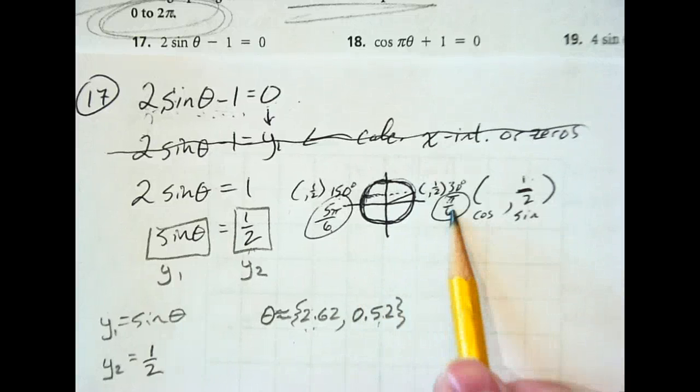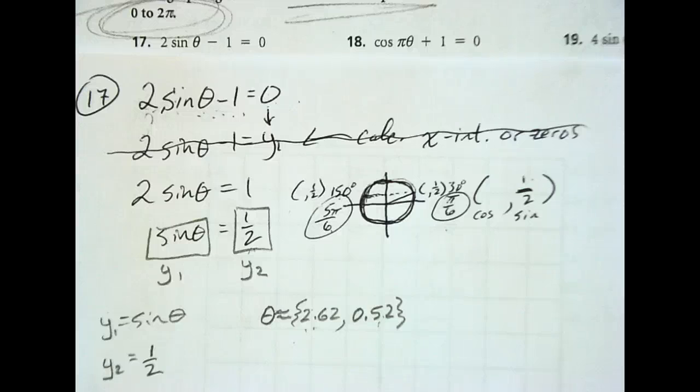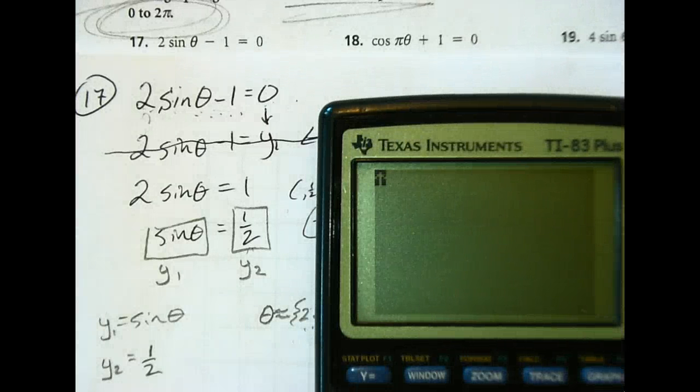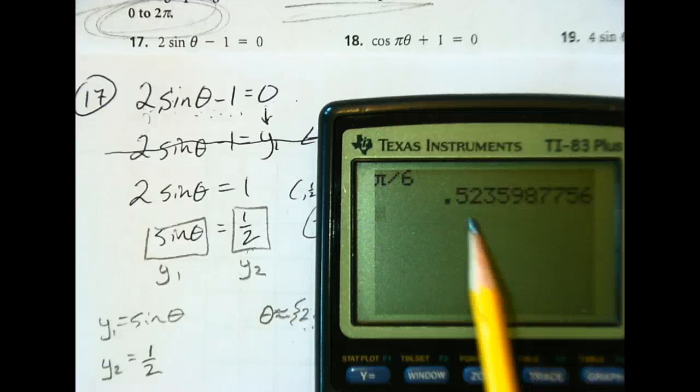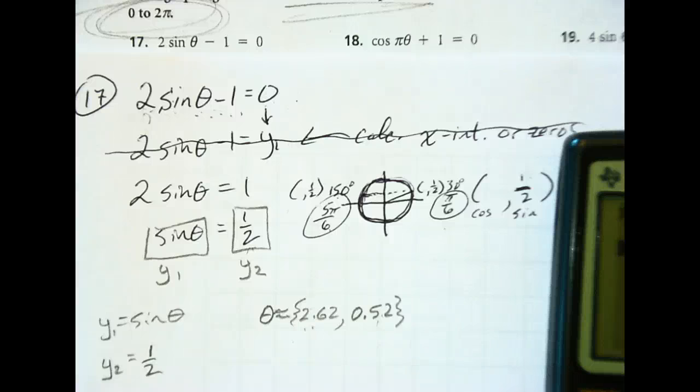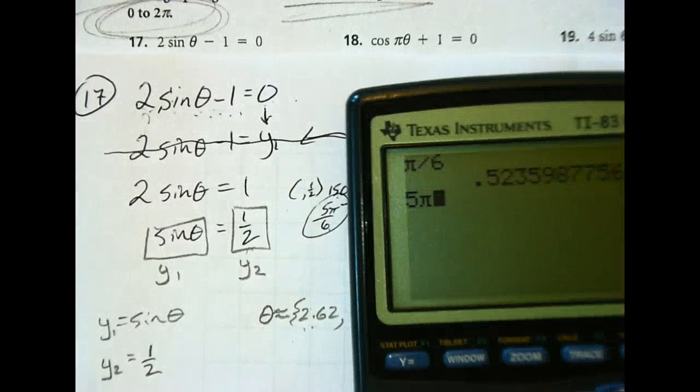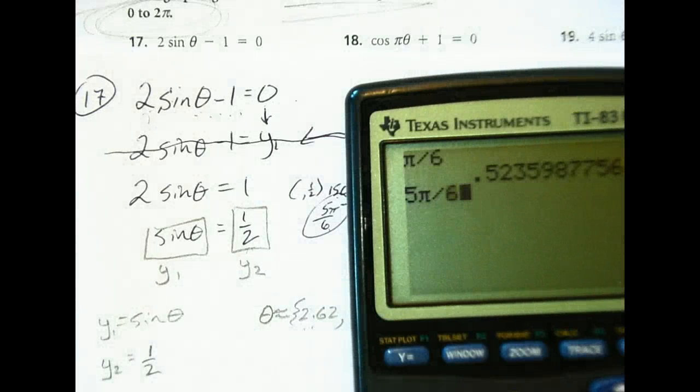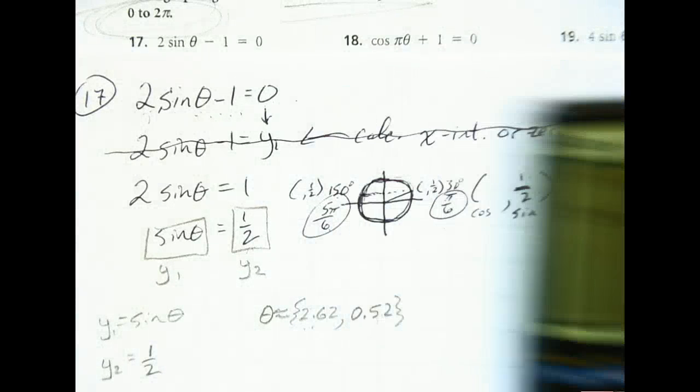So if we clear out here and go pi divided by 6, 3.14 divided by 6, the exact answer I got, 0.52. Nice. And so if we go 5 pi divided by 6, we better get 2.62. It's magic.